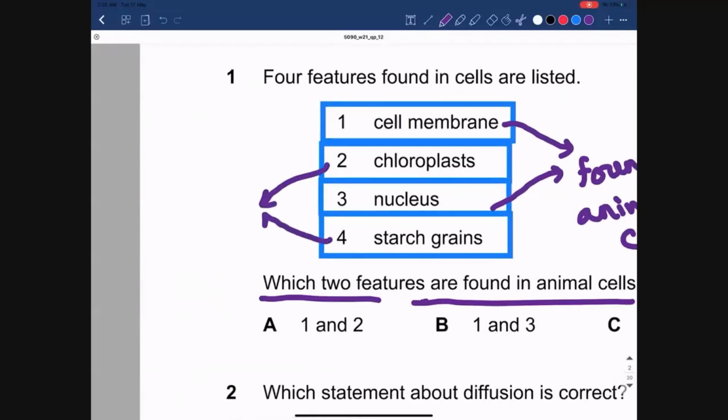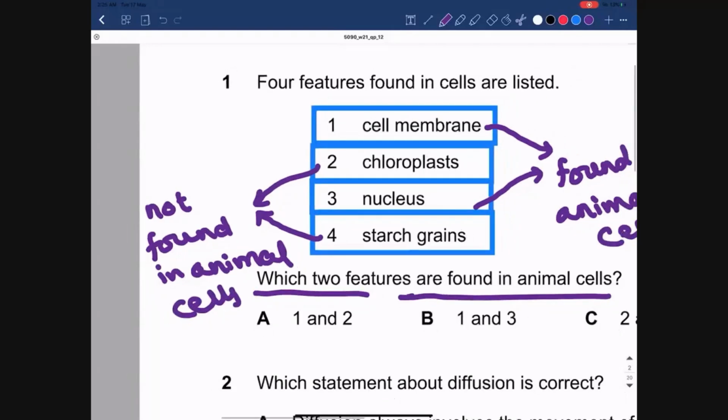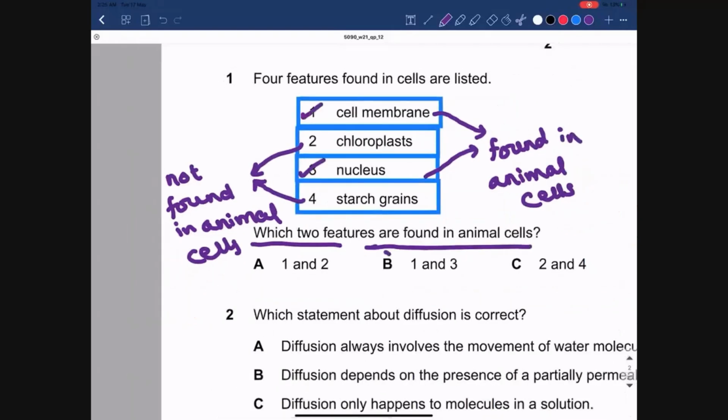Chloroplasts and starch grains are only found in plant cells, they are not found in animal cells. So the answer is 1 and 3, which is B.